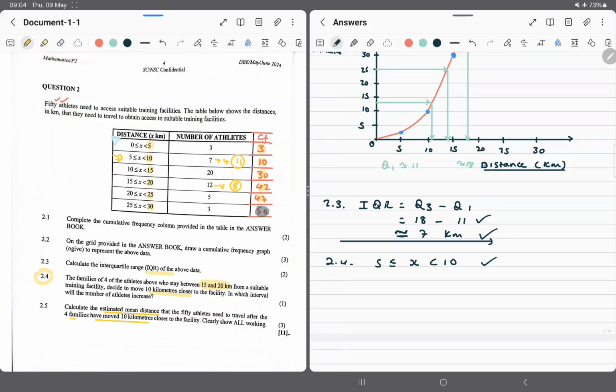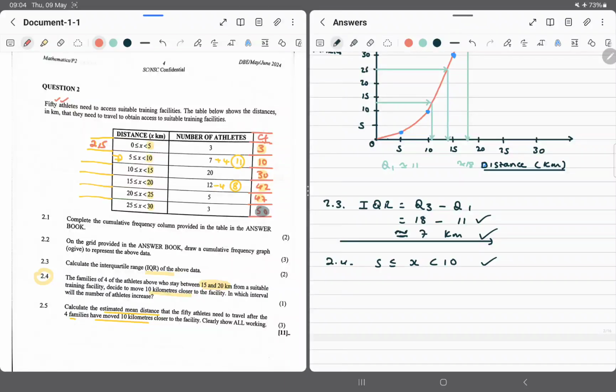Now, for the estimated mean, we also need the midpoints of each class. So obviously, the midpoint here of 5 and 0 is 2,5, right? It's going to be 2,5 because we just say 5 divided by 2. And then the midpoint of 10 and 5, it's basically what?